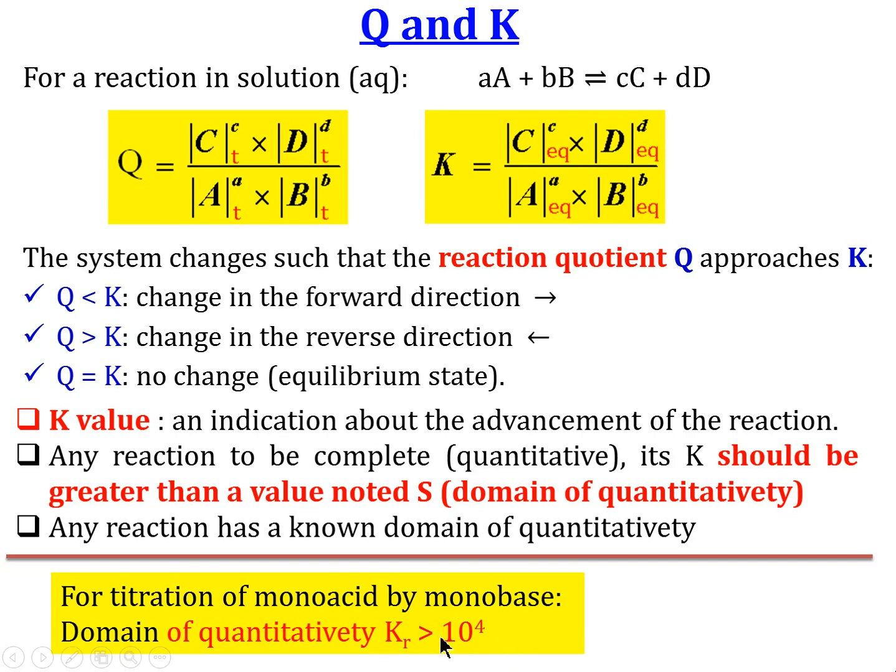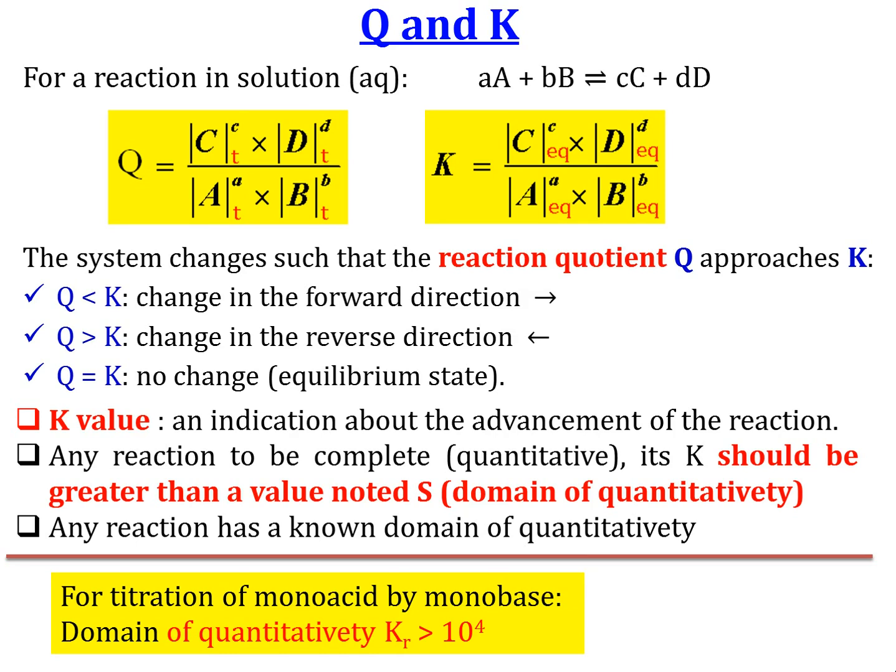So the value of S for a reaction of monoacid by monobase to be complete is 10 to the power 4. If K is greater than 10 to the power 4, you consider this reaction as complete or quantitative. What would happen, for example, if you find a value of K equal to 1000? The value of 1000 is a high value, but it's less than S, equal to 10 to the power 4.